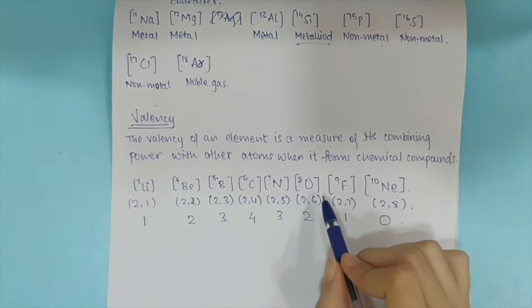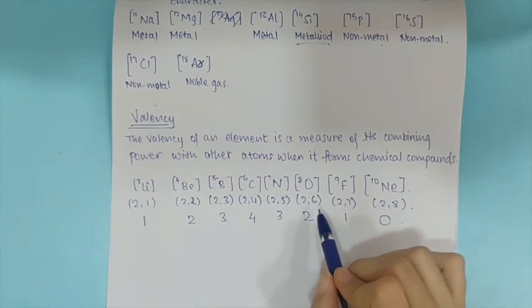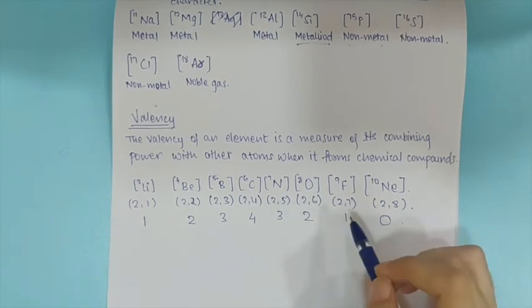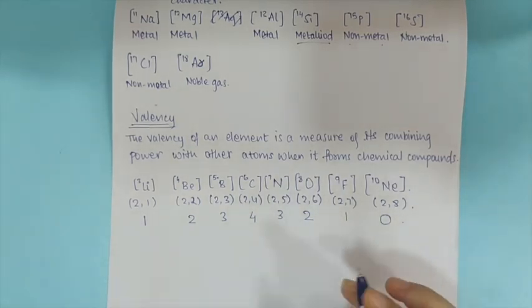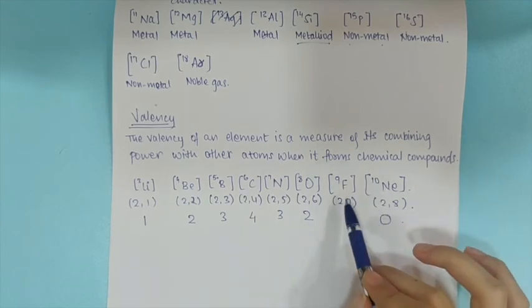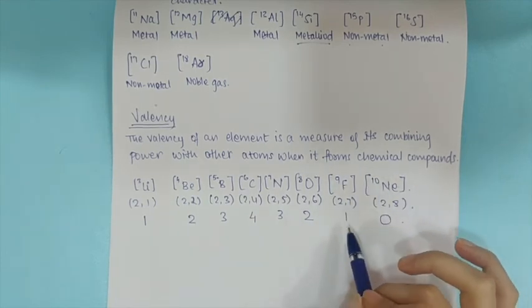Now coming to oxygen, the valency of oxygen is 2. Why? Because instead of losing 6 electrons, it's always better to gain 2 more electrons so that the outermost shell has 8 electrons present to become stable. Likewise, fluorine has a valency of 1. Why?